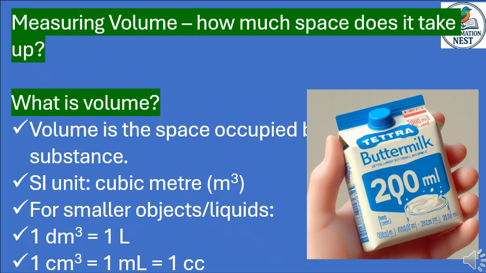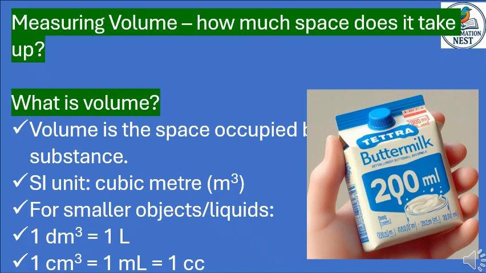The SI unit of volume is the cubic meter, written as m^3. But let's be real. Most of us aren't measuring swimming pools every day, right? So, for smaller things, we use 1 dm^3, which is equal to 1 liter, perfect for measuring juice, water, or even petrol. 1 cm^3 is equal to 1 milliliter, or equal to 1 cc, used in medicine, cooking, and science labs.